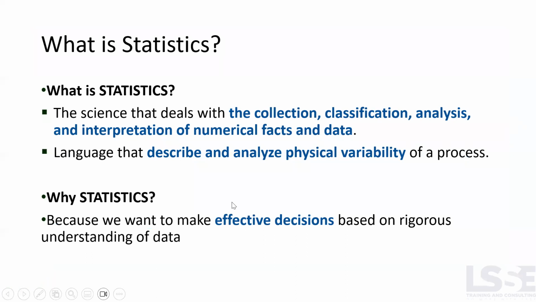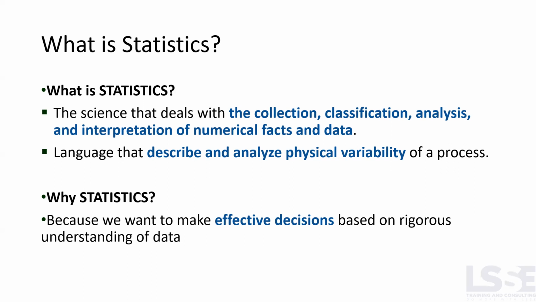So we'll start first with statistics. Statistics is heavily used in Lean Six Sigma, okay? And some, if not all of you, might have encountered this in college or in high school. As a recap, what is statistics?